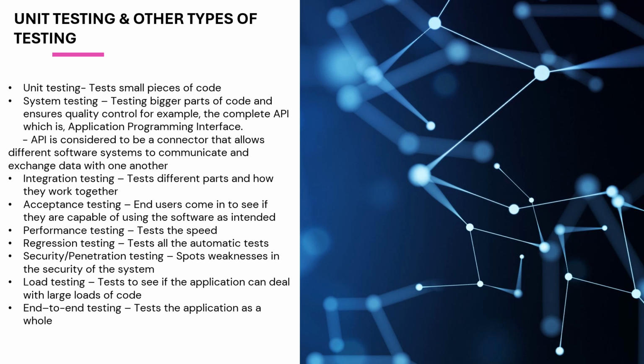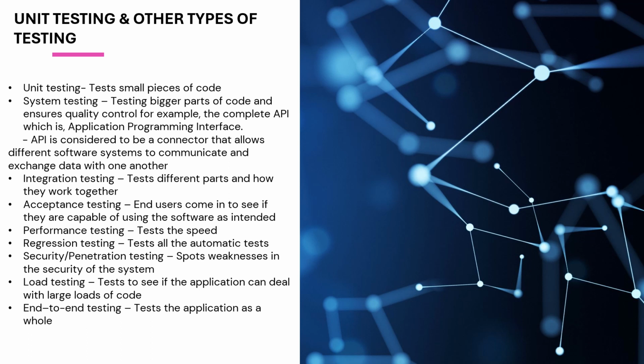Unit testing and other types of testing. Unit testing tests small pieces of code. System testing tests bigger parts of code and ensures quality control. For example, the complete API, which is Application Programming Interface.